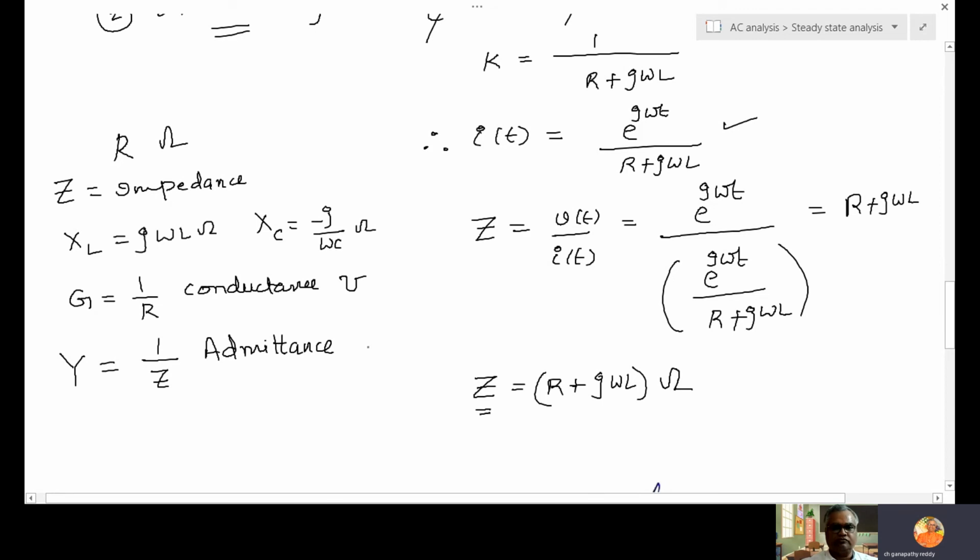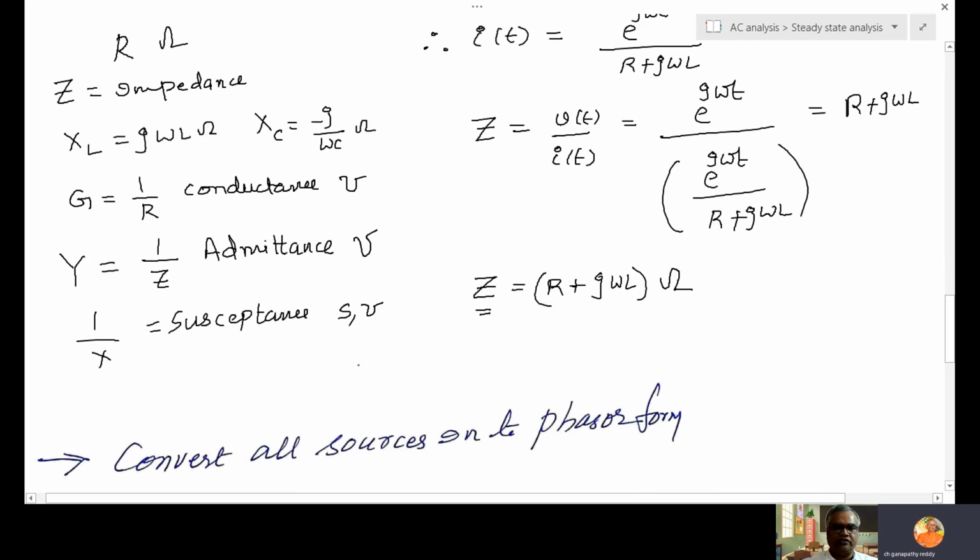This unit is also mhos. Reciprocal of reactance, 1 by X, is susceptance. Susceptance units are also either Siemens or mhos.